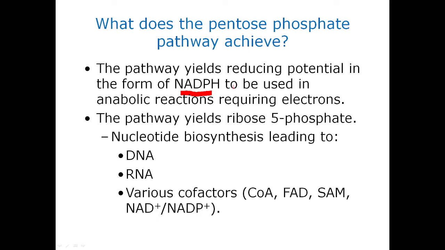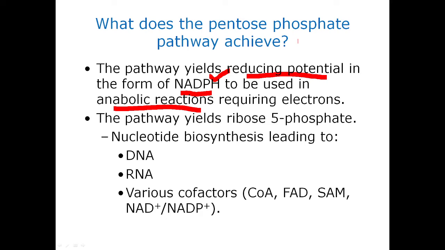During an anabolic reaction, this reducing potential is needed in the form of NADPH, since some electrons are required. So NADPH says, okay, I am ready to use the electron. This is the role of NADPH, which is produced in the pentose phosphate pathway.